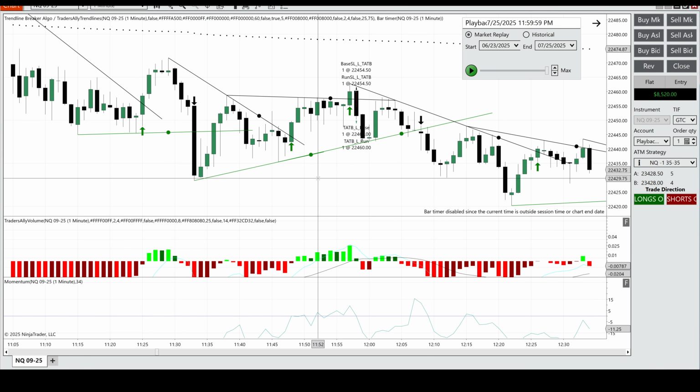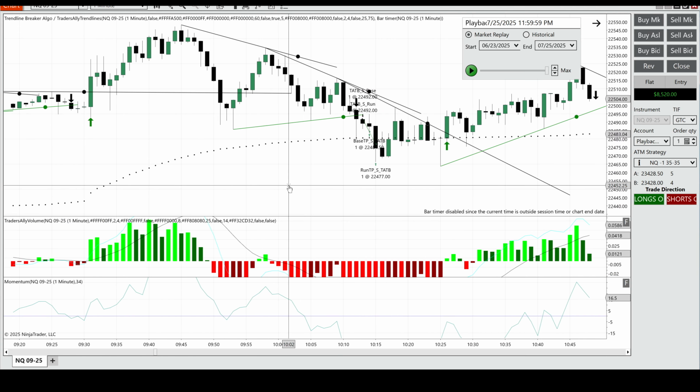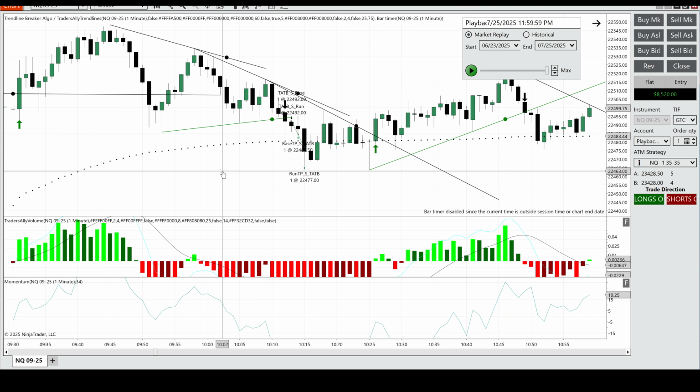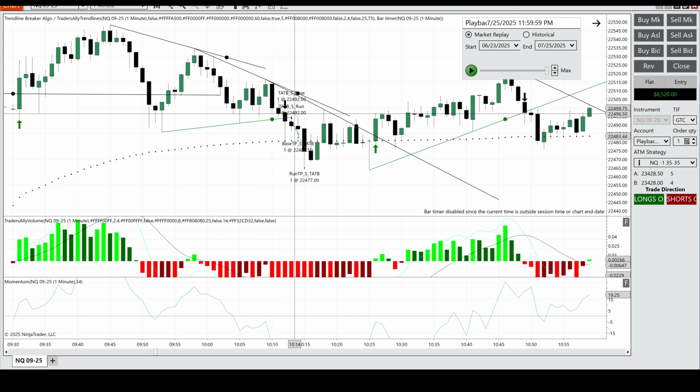But let's find something closer to the beginning of the session. Let's say this one. This is 497 and close is about 492. That's still 5 points.